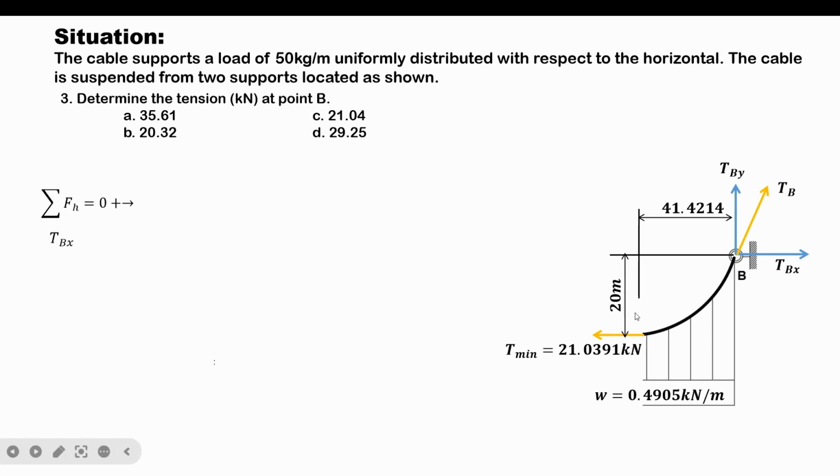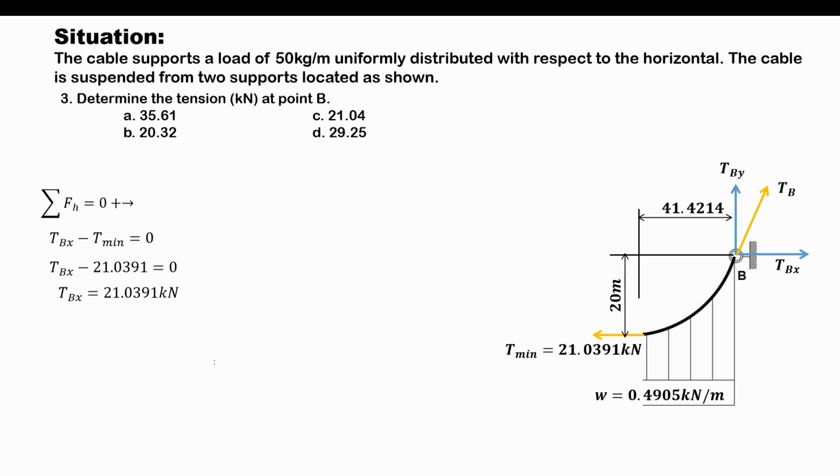And the other and remaining horizontal force that will be involved in the equation would be the minimum tension, which is acting to the left. So we have here negative T min, and that will now be followed by equal to 0. Substituting the values of the known variables, we have here TBX minus 21.0391 equal to 0.